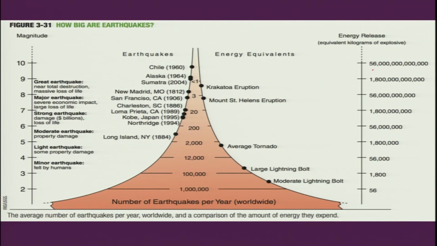This side shows the amount of energy equivalent in kilograms of explosive, and this is the magnitude scale. Earthquakes between 8 and 9 or greater than 8 are considered great earthquakes, and above 7 up to 8 are considered major earthquakes, then strong, moderate, light, and minor.